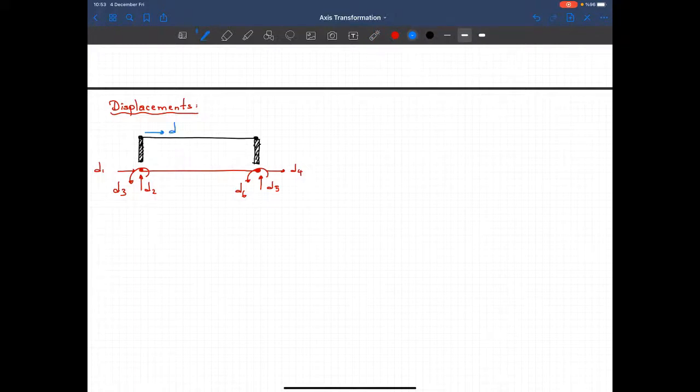So D1M, D2M, D3M, D4M, D5M, and D6M. So the question is, what is the relationship between these two? Because with this relationship I can actually modify the stiffness coefficients.